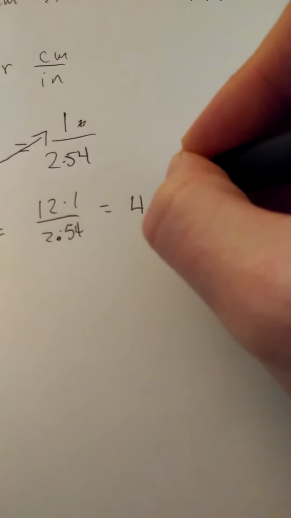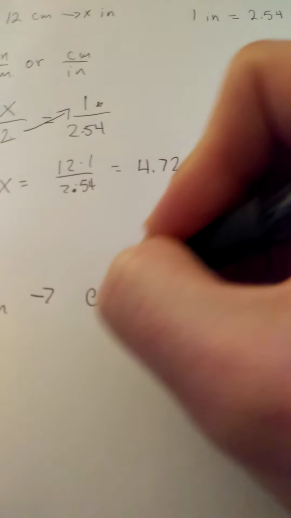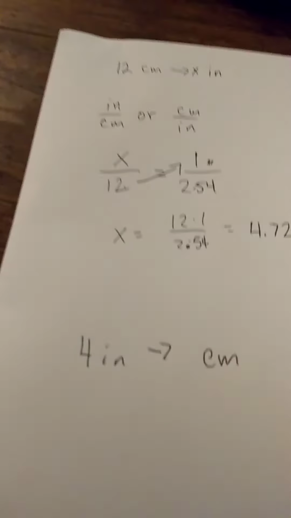Now let's do the reverse of this just to show you the other way, so it looks a little different. I'll pick different numbers here, but I'm going to go from inches to centimeters. So let's say 4 inches to centimeters now. So the reverse of this one is centimeters to inches, this is inches to centimeters. My conversion factor is still the same.